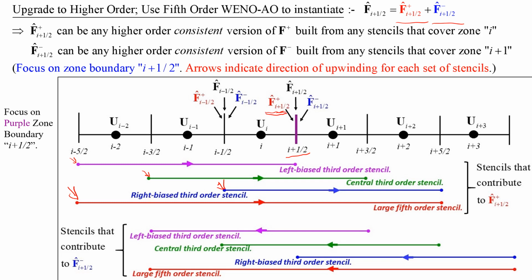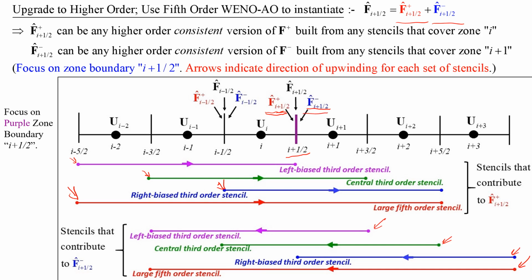How do we obtain F minus at I plus a half? You use this big stencil to first try to obtain a fifth order accurate representation of F minus at I plus a half. If that fails, if you have a non-smooth solution on that big stencil, then you drill down further and use these smaller, perhaps third order accurate stencils to nonlinearly hybridize between them and obtain F minus at I plus a half.